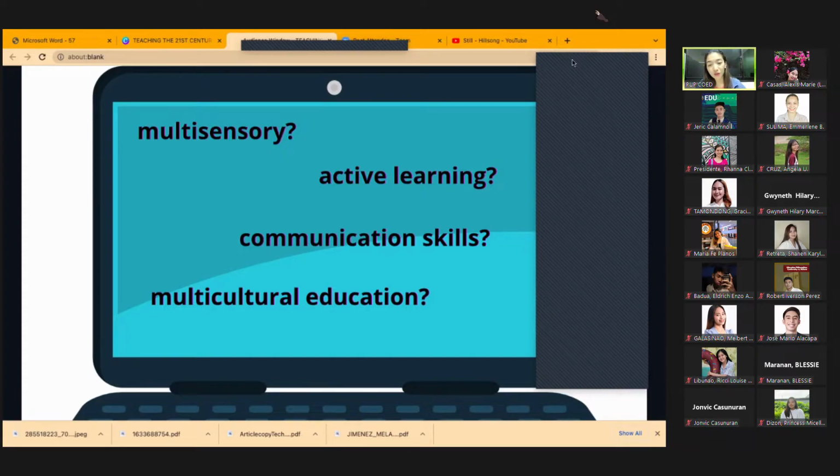So when using technology in the classroom, this is also one of our aims. Not only is the technology multisensory, not only does it promote active learning, not only does it support development of communication skills, but one of our goals is to promote multicultural education in the classroom.